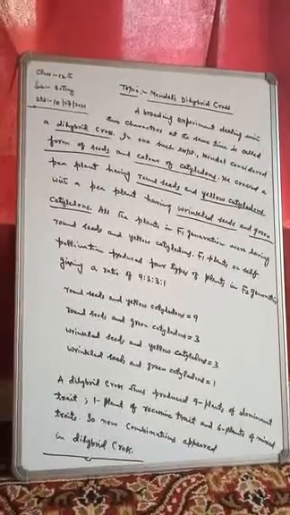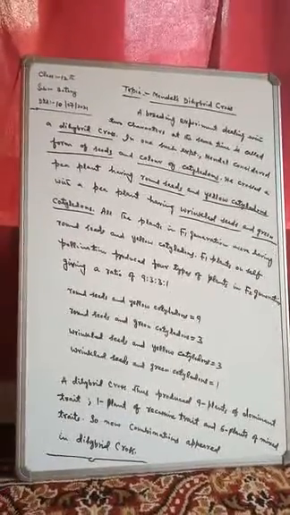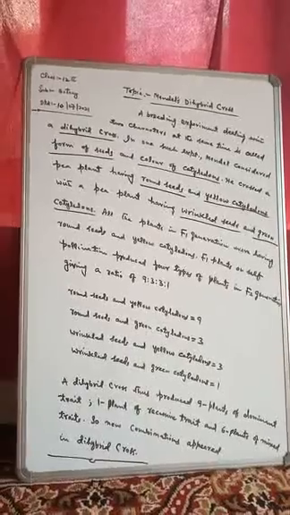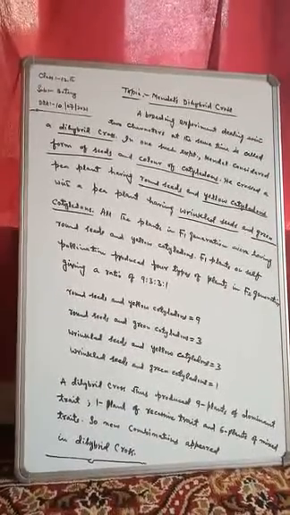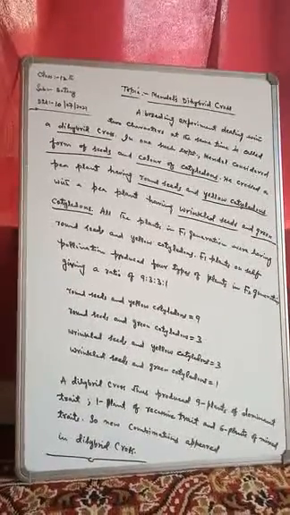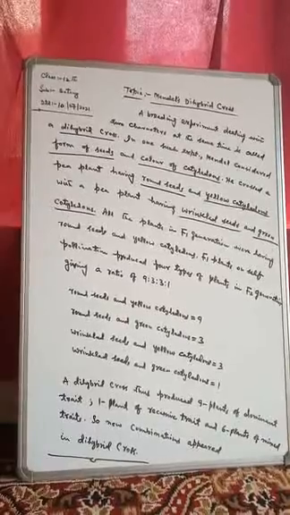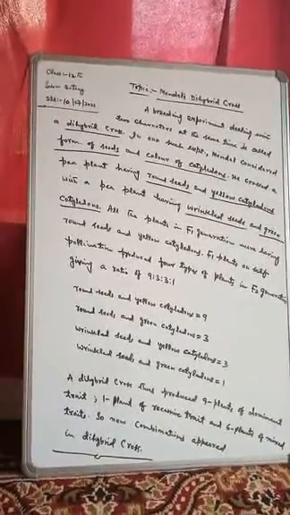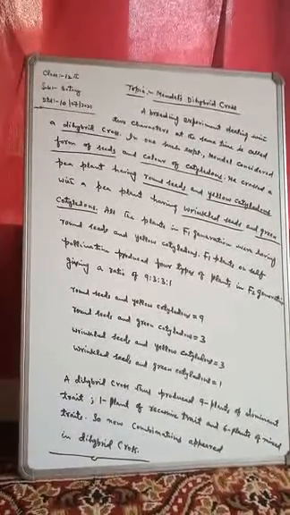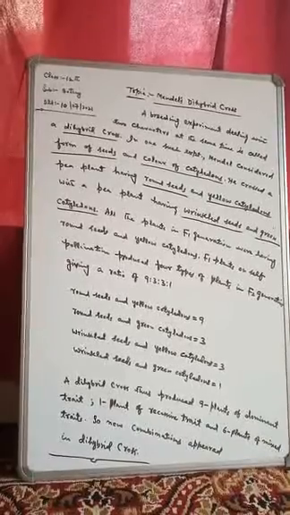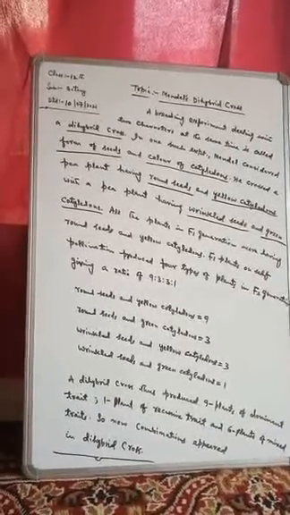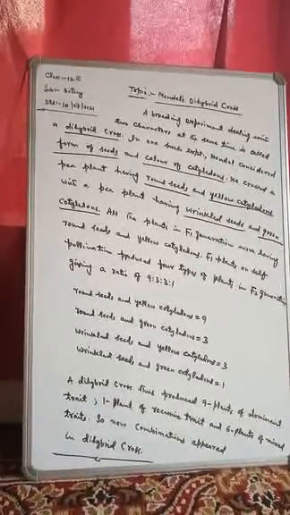So dear students, you should remember that two pea plants were considered. One was having round seeds and yellow cotyledons, while another was having wrinkled seeds and green cotyledons.